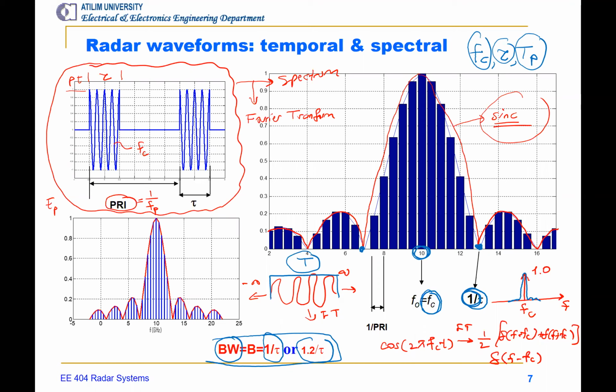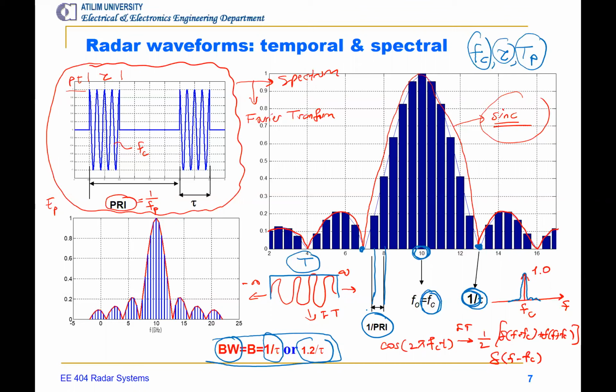So in practice, when you got a sequence of pulses, you will get a discrete spectrum. Okay, we have already shown this in the communication systems course. So we got, you see here, some bars, some discrete components, and the spacing between any 2 discrete components here, you see, is 1 over PRI.